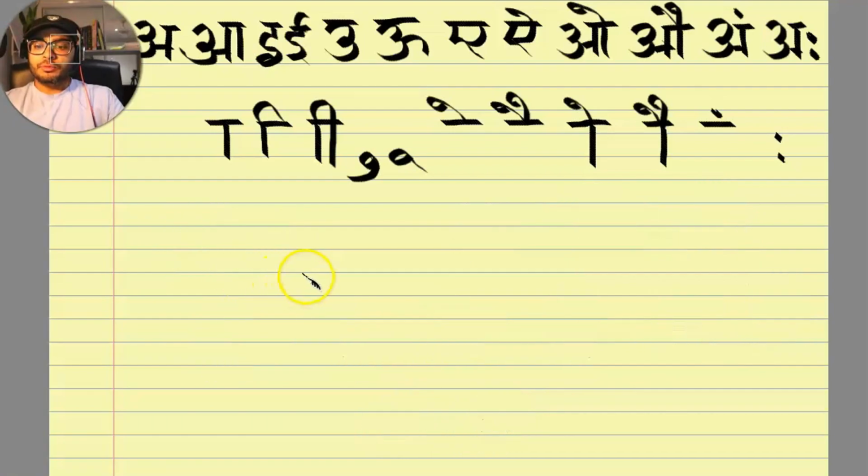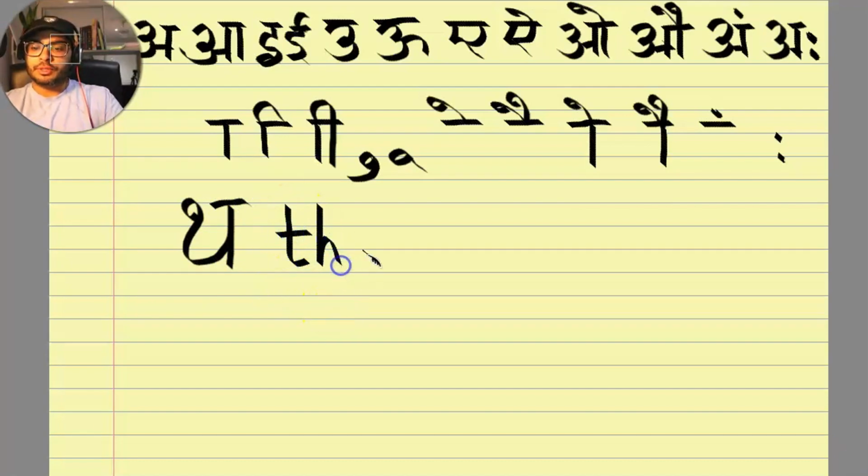The next sound is tha. How we write it is this way. This is a bit difficult. It might take you a few tries to get this letter right. And the IAST for this is going to be THA. A sound similar in English would be something like thank you.